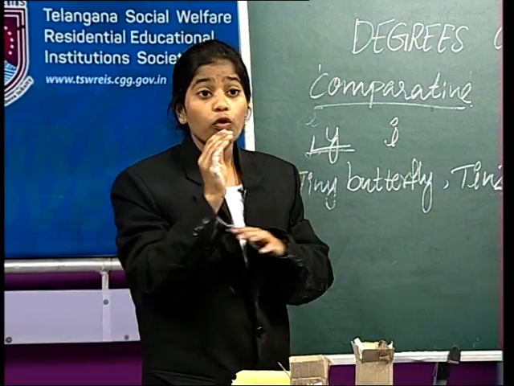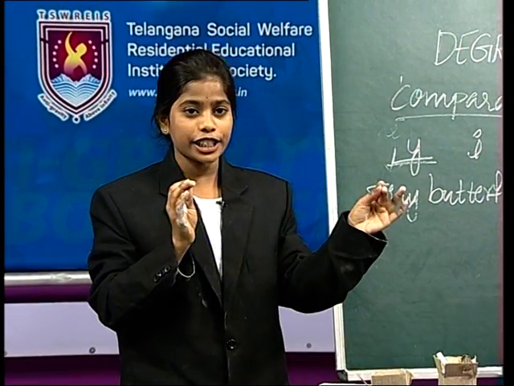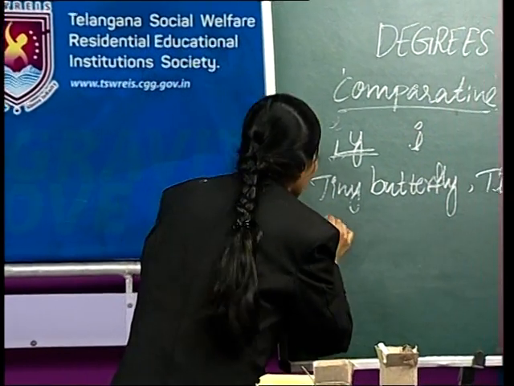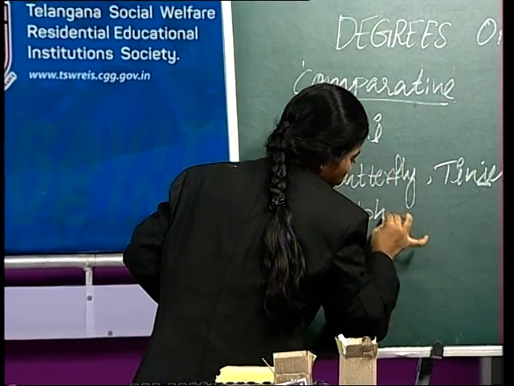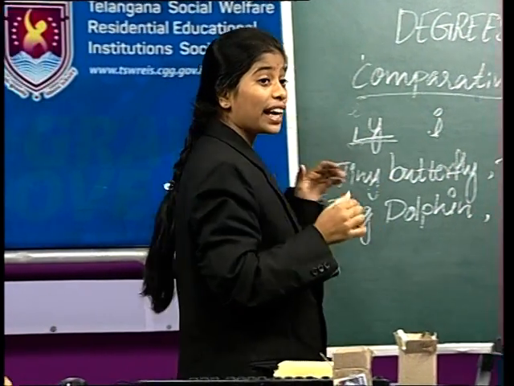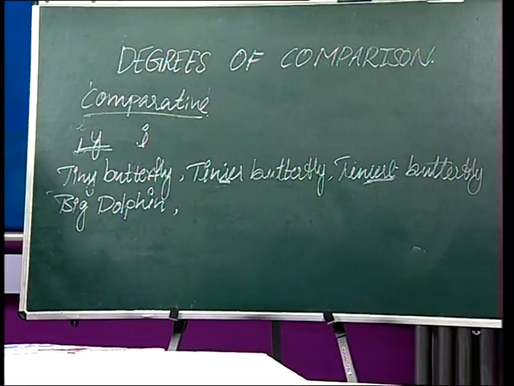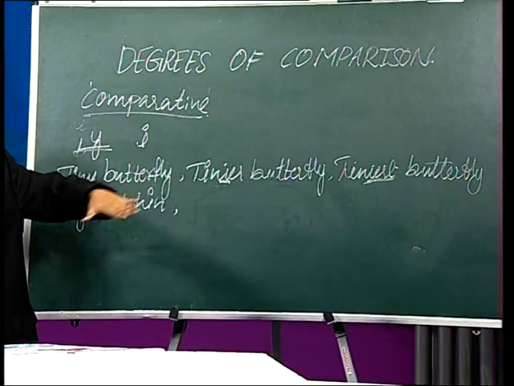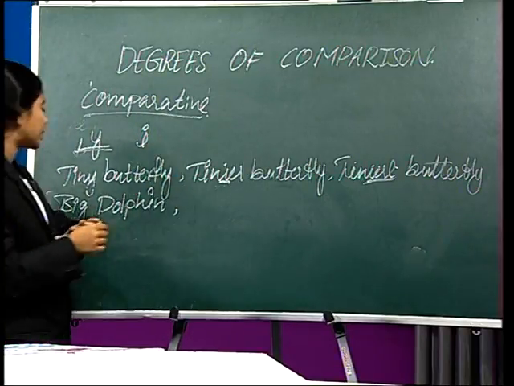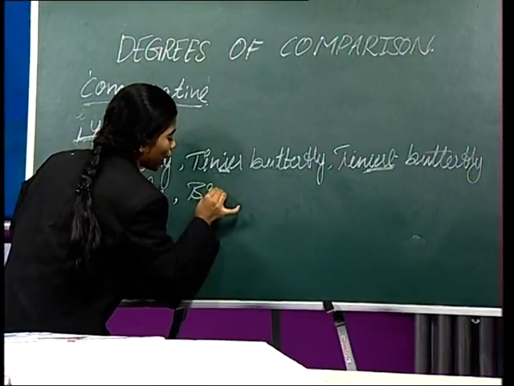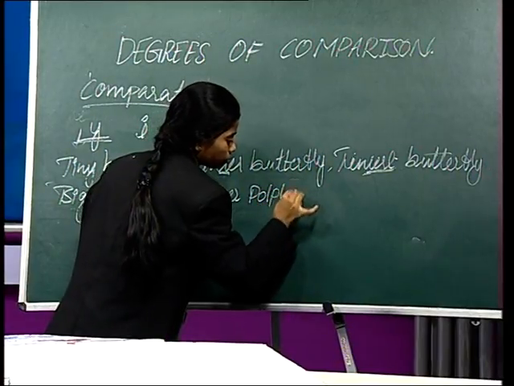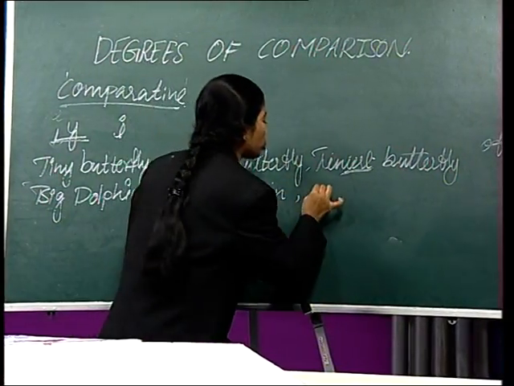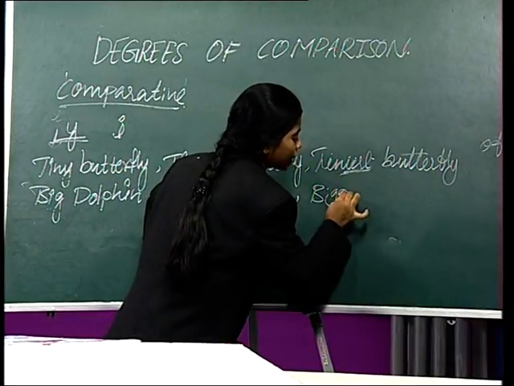And the next one, what we have discussed with a common adjective such as big. Okay, we have to take an example for this. Big dolphin. When the final G is doubled in the comparative and superlative forms of the adjective, in the comparative form it becomes bigger dolphin, and in the superlative form, it is the biggest dolphin.